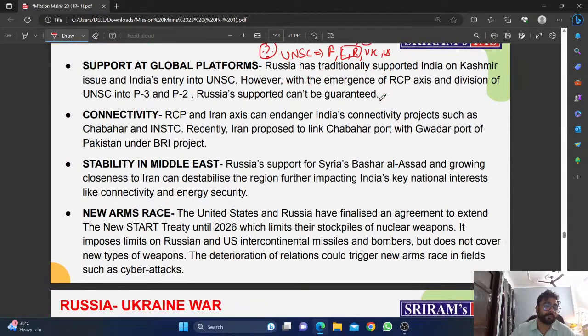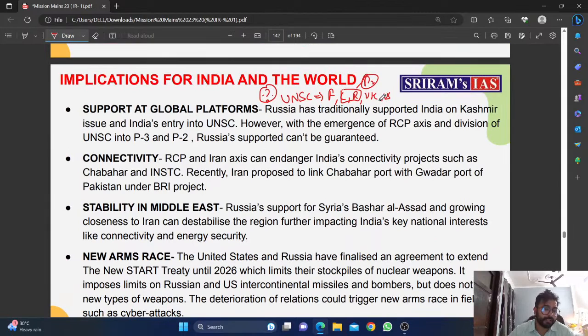Then connectivity. The RCP, that means Russia, China, Pakistan, and Iran axis can endanger India's connectivity projects that we are building in Chabahar and INSTC, the International North-South Transport Corridor. So all our investment in Afghanistan or our investment in Chabahar, Iran. For example, if you remember investments in Afghanistan, we have the Delaram-Zaranj Road, Salma Dam, then Shatoot Dam, Afghan Parliament.